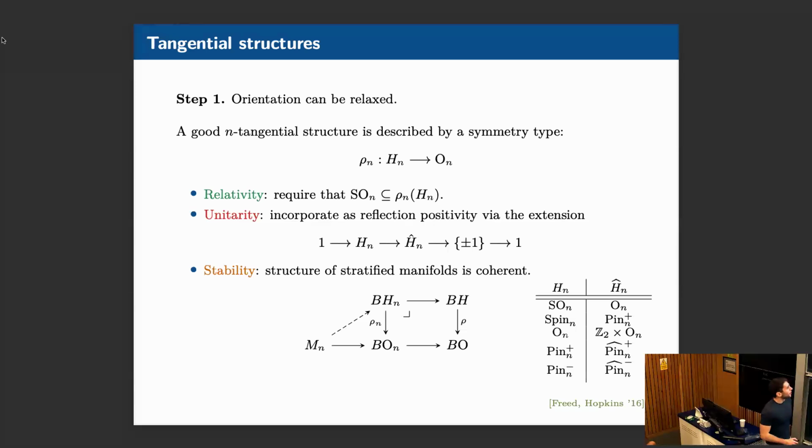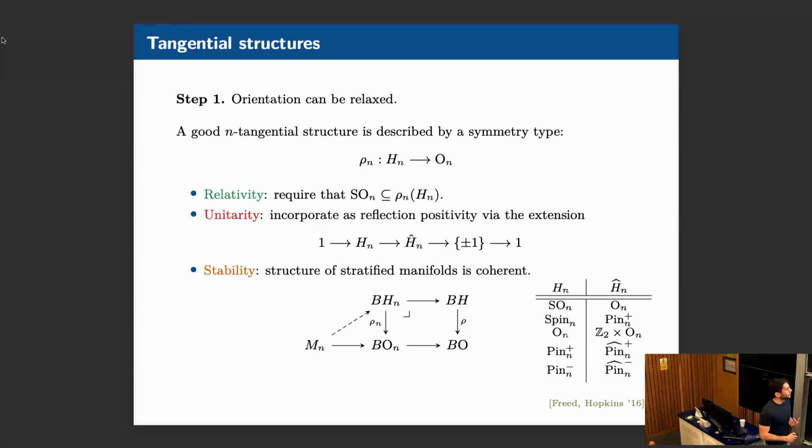Okay. And in particular, we want to have a relativistic theory, so we want at least the Euclidean equivalent of Lorentz rotations included in your group. And then we also want to include the notion of unitarity, which is captured, as I said, by a sort of reflection, expressed as reflection positivity.